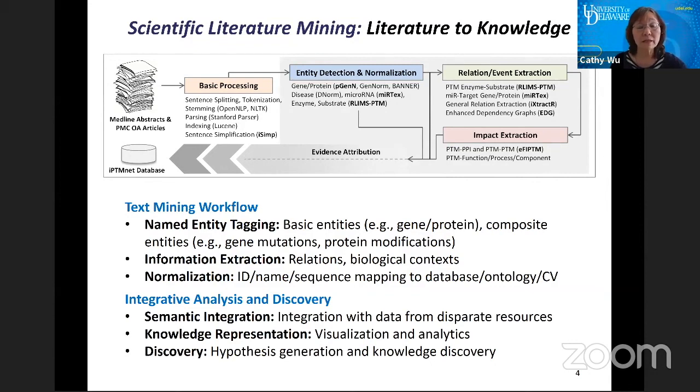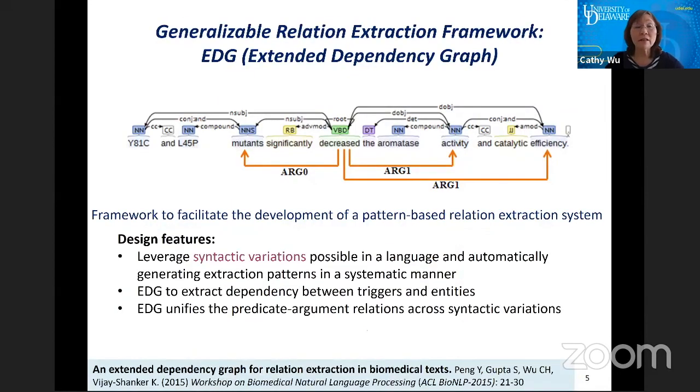And so that's the semantic integration, where data from the literature mining get integrated with data from disparate resources. And then this could be represented and visualized for analytics to facilitate hypothesis generation and knowledge discovery.